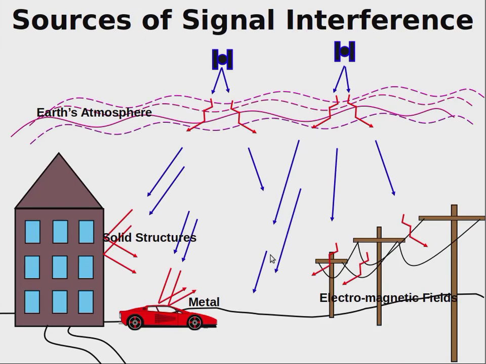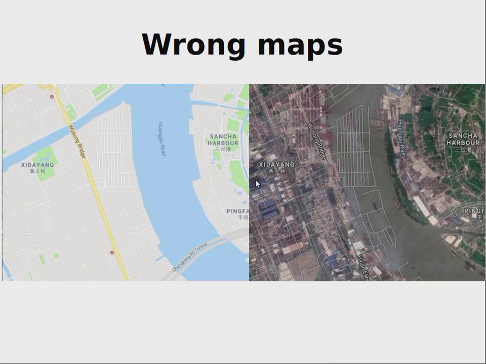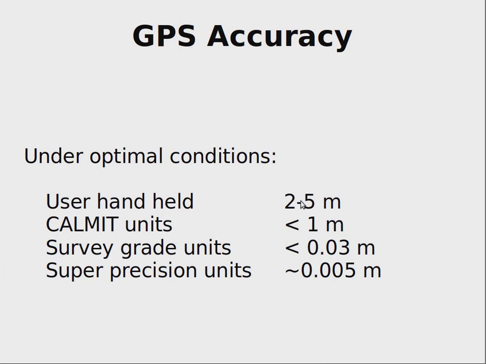And so what are the problems? The problems are, again, that this signal about time can come not from the shortest path but from other paths, so you get some errors there. Also because of political reasons, there may be wrong maps like in China.